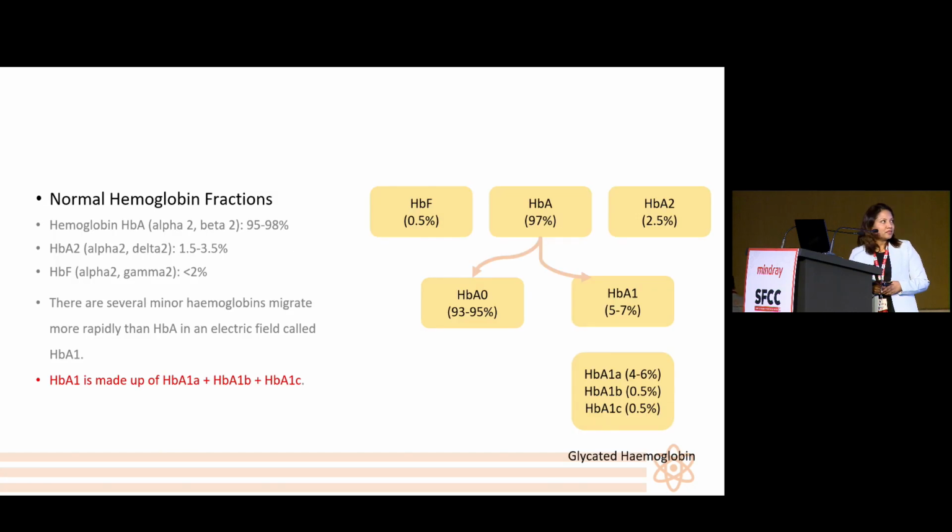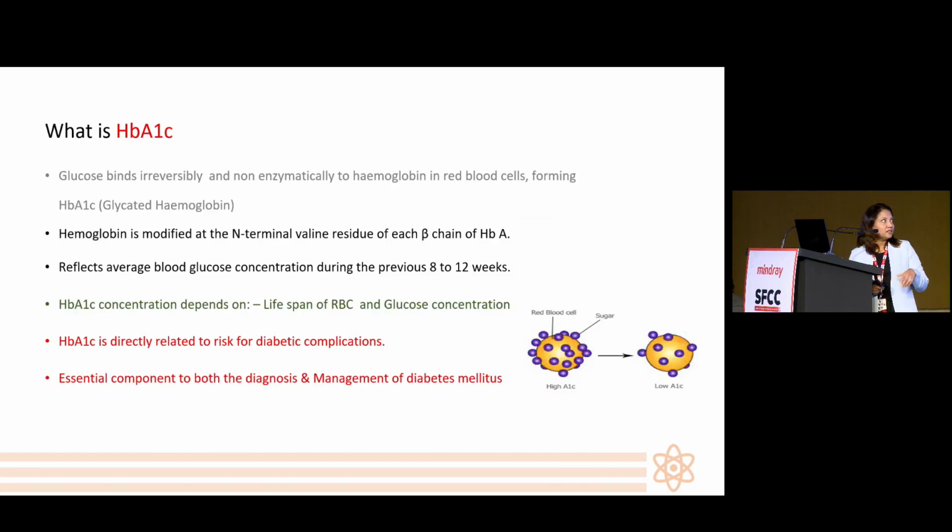Now, seeing the time constraint, I'll skip this slide and move directly to HbA1c. Now, what is HbA1c? HbA1c is also called glycated hemoglobin, where glucose binds irreversibly and non-enzymatically to the N-terminal valine residue of the beta chain of hemoglobin A. Now, this reflects the glucose concentration during the previous 8 to 12 weeks.